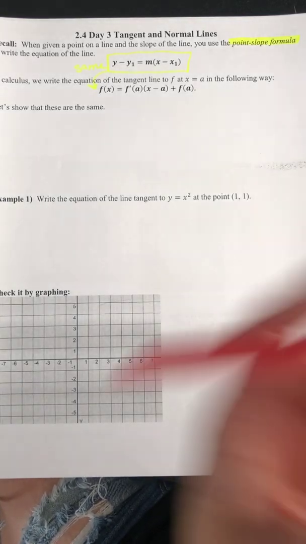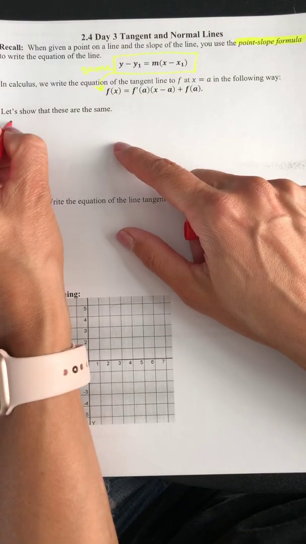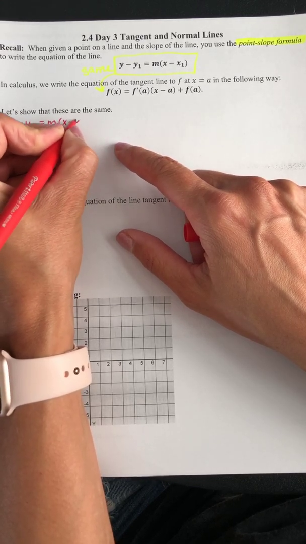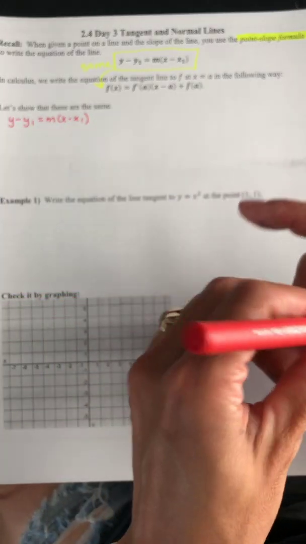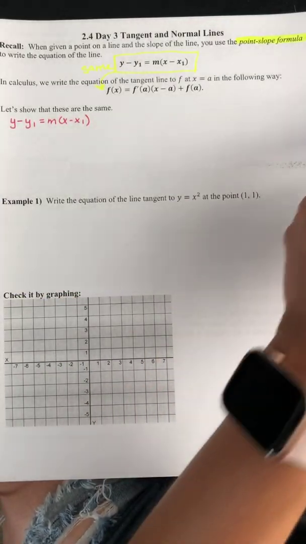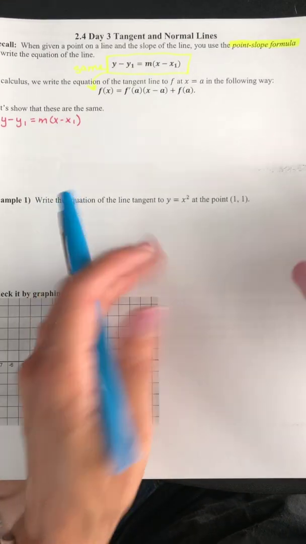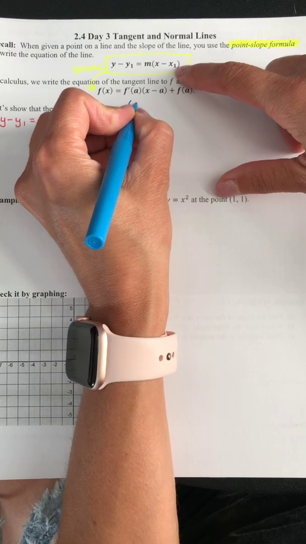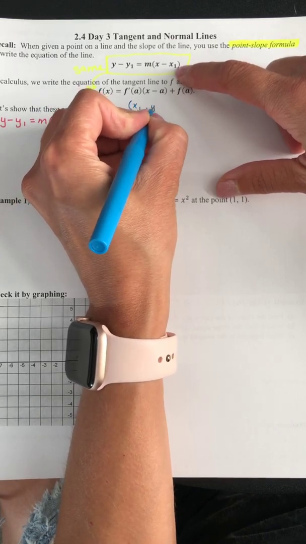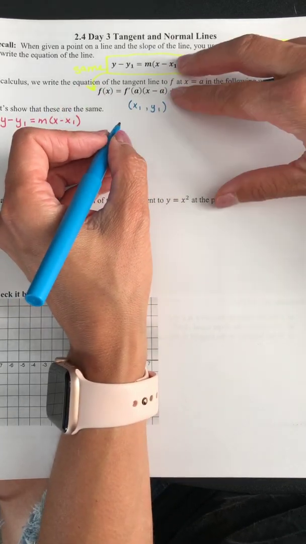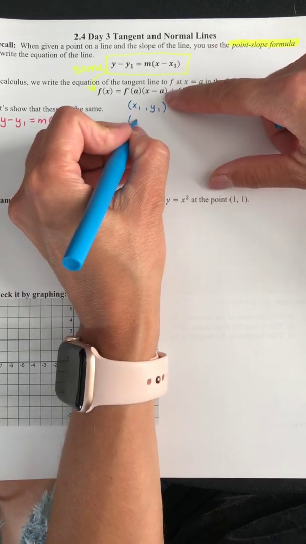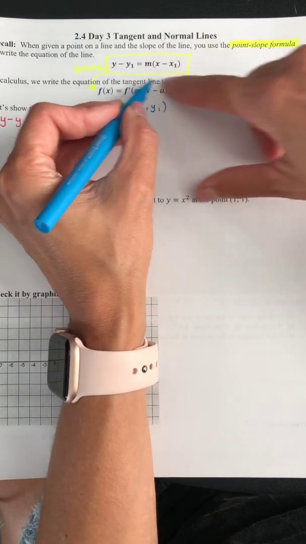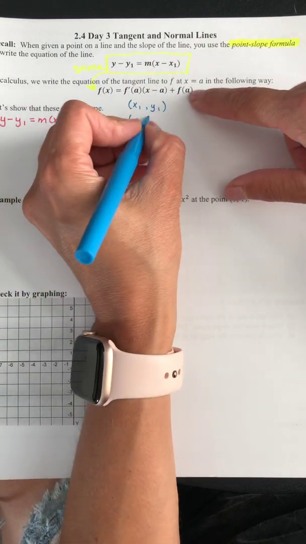So let's show it. If we have y minus y1 equals m times x minus x1, let's do a comparison. If these are the same, that means that x1, y1 will be the same. So x1 should map with a, and y1, pretend it was added to the other side, would be the same as f of a.